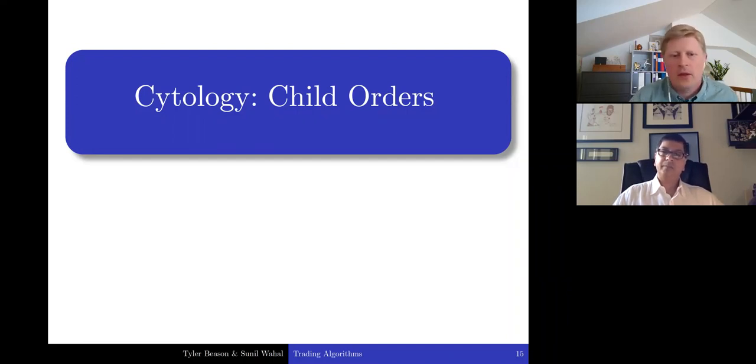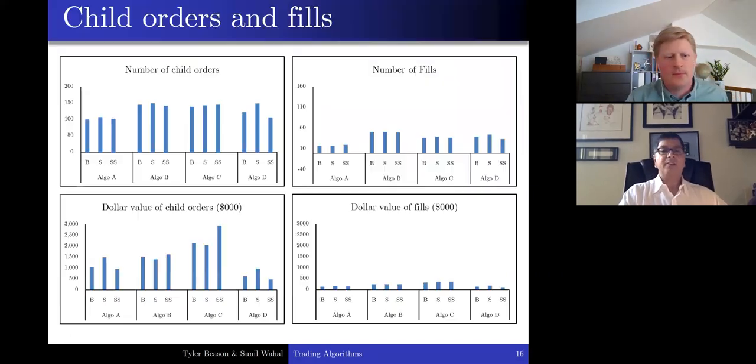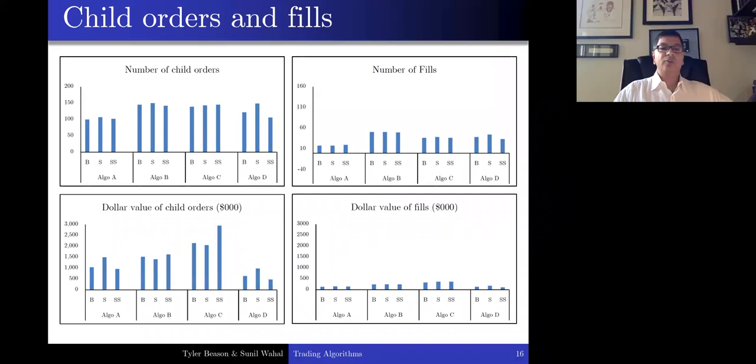Great, thank you. So let's continue with the child orders. Okay, so child orders. Let me start showing you distributions of child orders. This is a distribution of child orders, both the number of child orders and the number of fills. And the graphs below show the dollar values, but it's quite similar. So these are averages across parents.